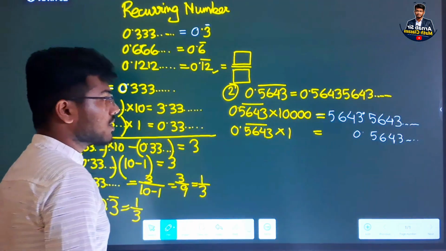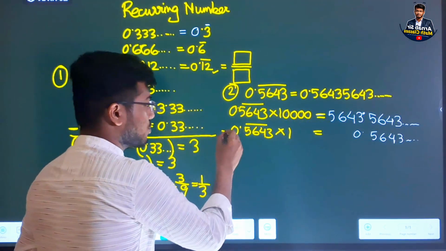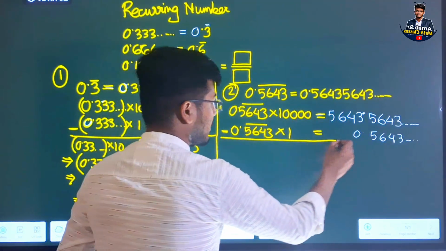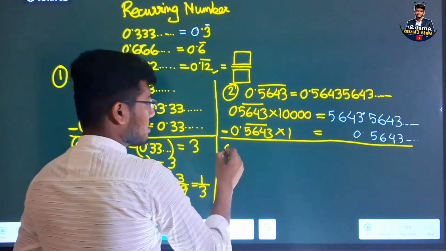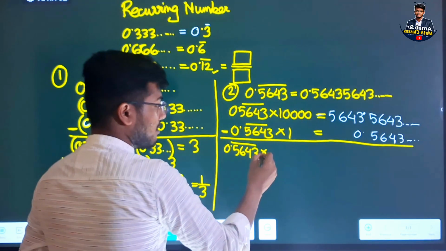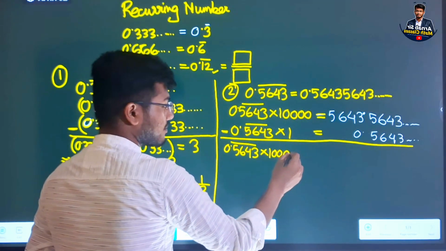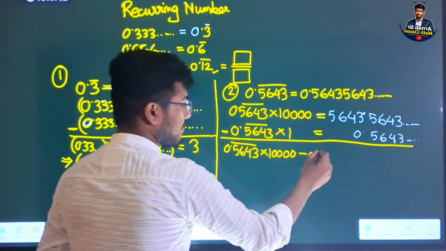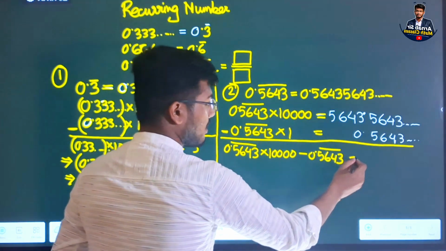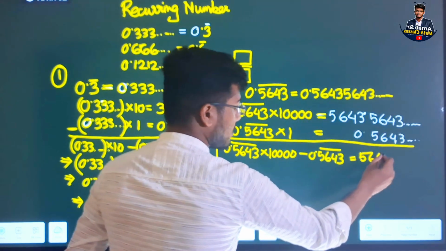Do you understand? If we subtract these two, what happened? Obviously, write down 0.5643 multiplied by 10,000 minus 0.5643 equals 5643.